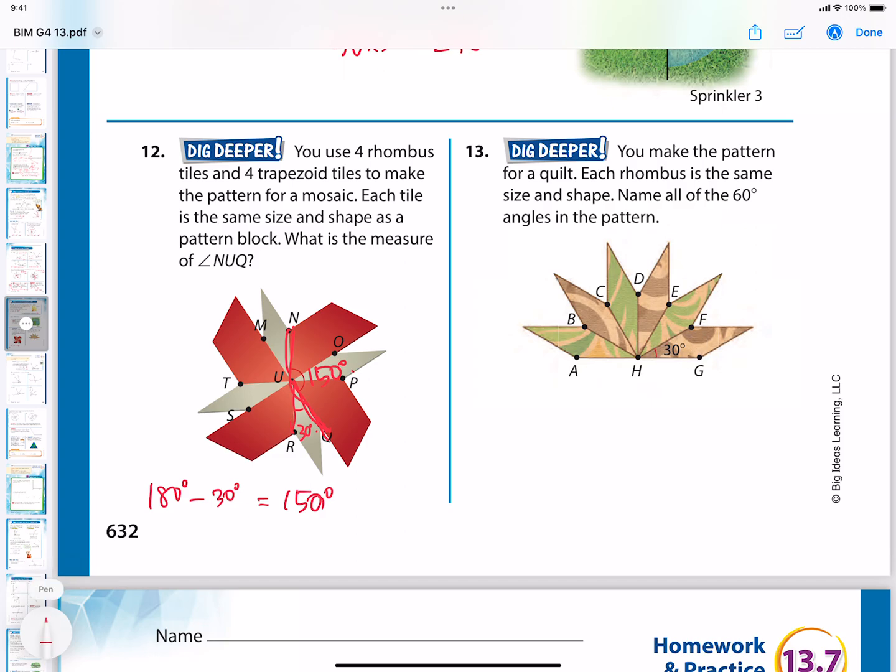I'm going to start from angle GHE. That's one. And the other one, I'm going to use this DHF.